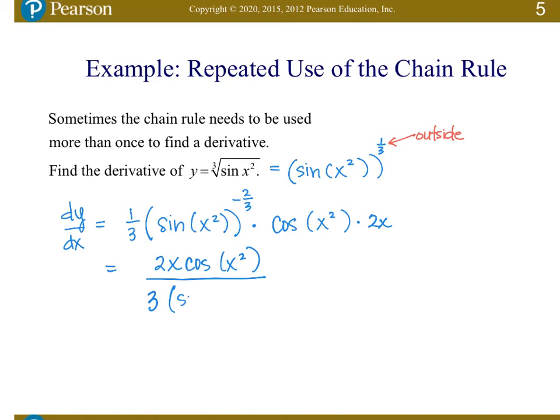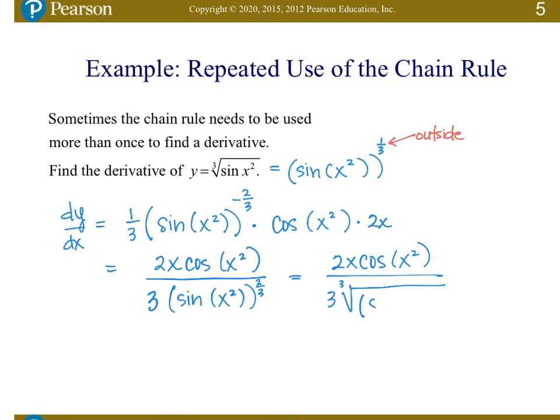You can leave it like this, the sine of x squared to the positive 2/3 power, or you could express that with a radical. Both are acceptable, so that you would express that as the cube root of the quantity sine x squared, and that whole quantity is still being squared. Or you could put the square right there instead. Either way, both are fine.